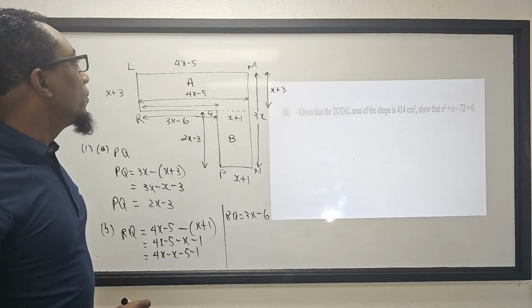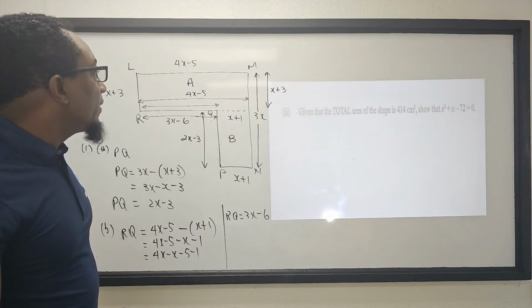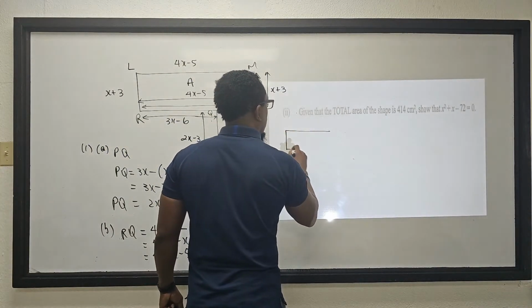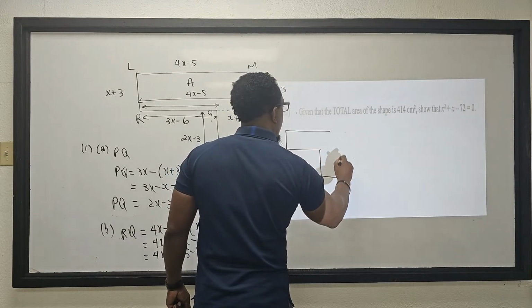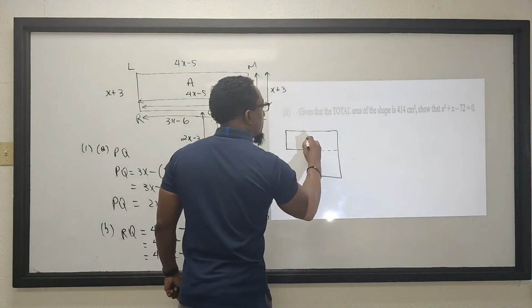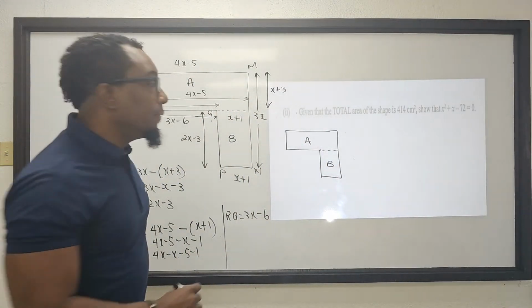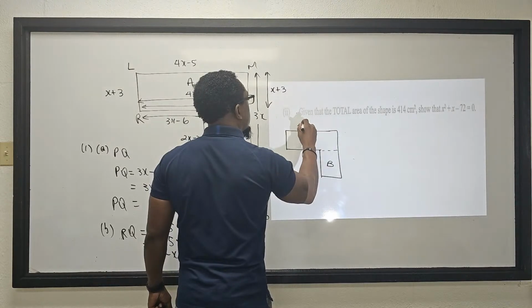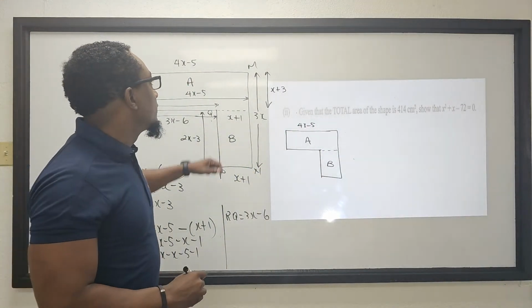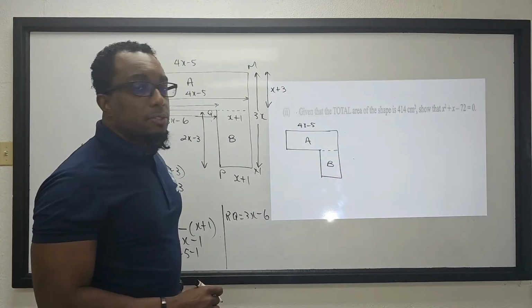So if I have to find the area of rectangle A, let me put on the shape here. I've separated it. This is A and that's B. We know that the length of A is 4x subtract 5. And the width of A, that will be x plus 3.